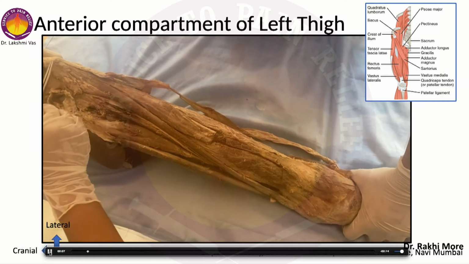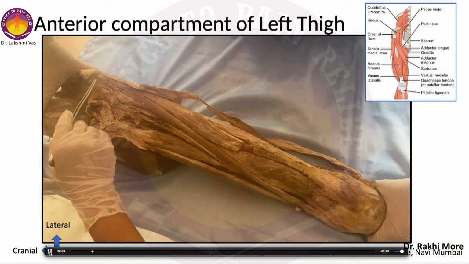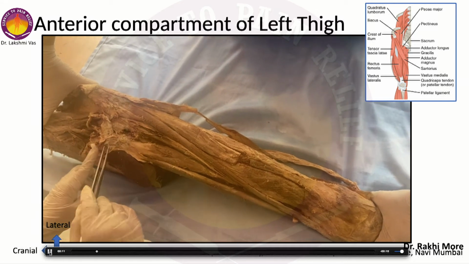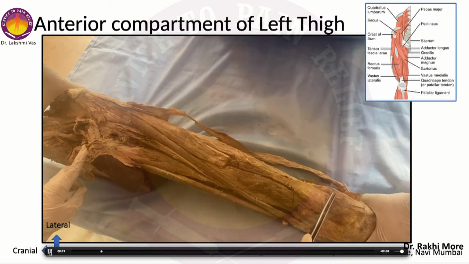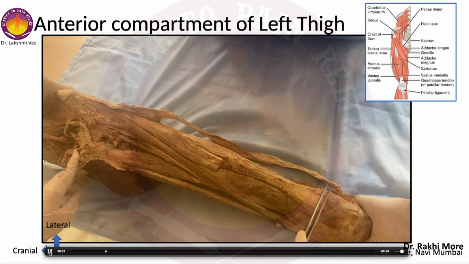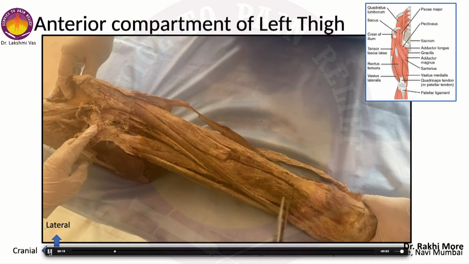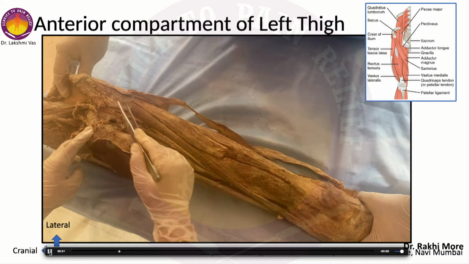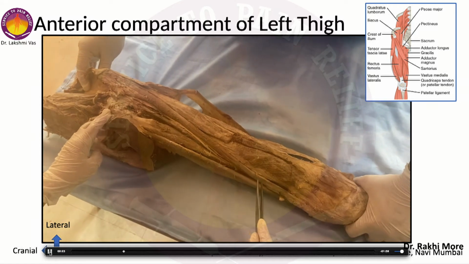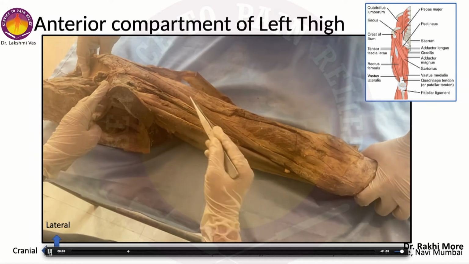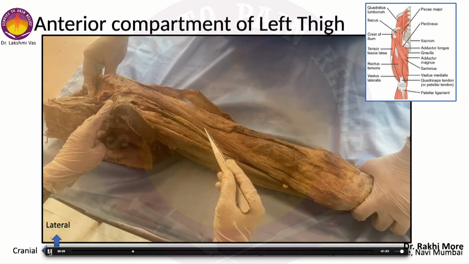We can see that the upper border is formed by the inguinal ligament and the lower border is at the knee at the insertion of the quadratus femoris muscles. So the muscles which are seen in the anterior compartment are the sartorius, which forms the lateral border of the femoral triangle.